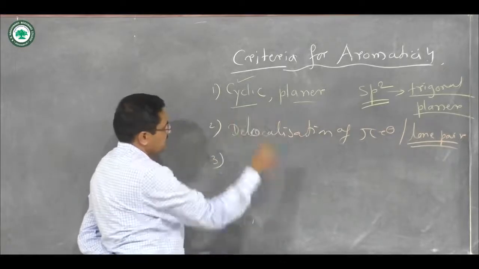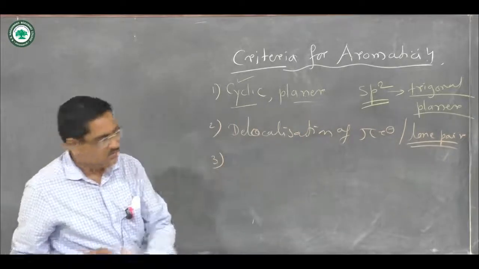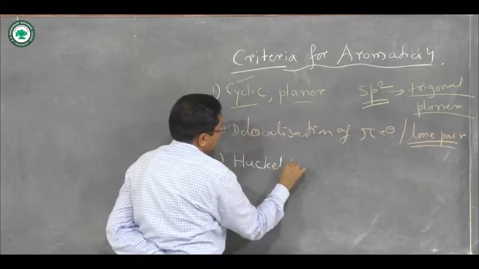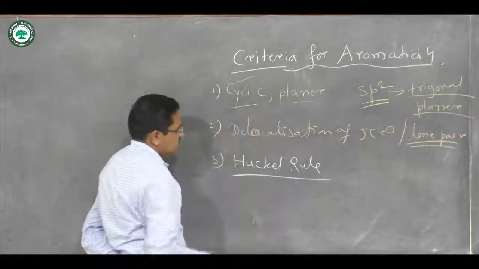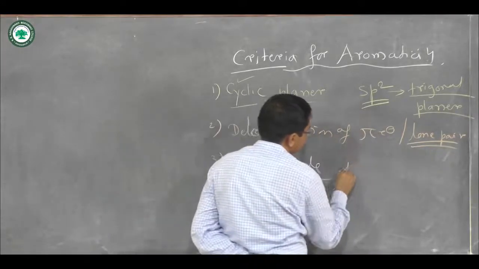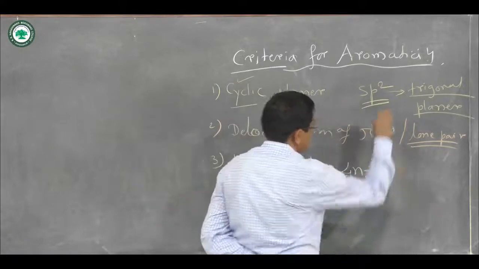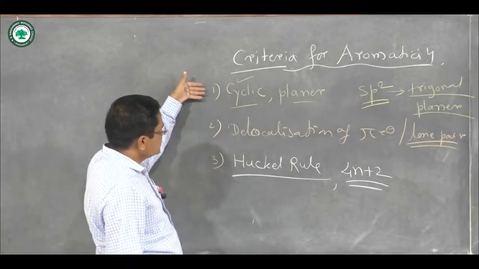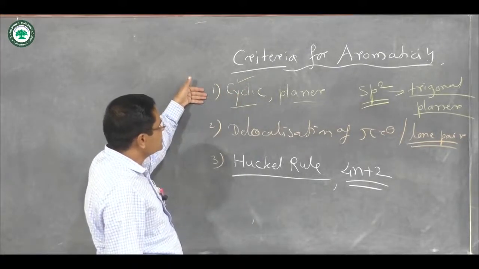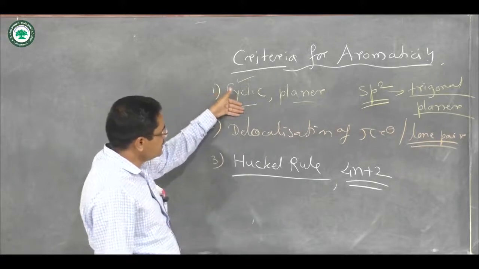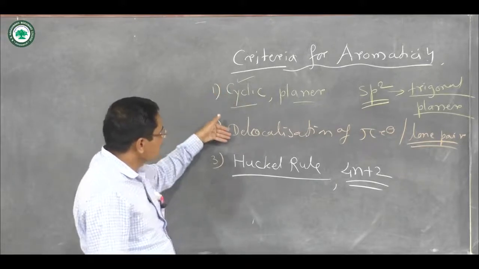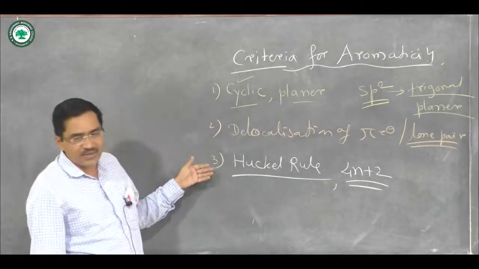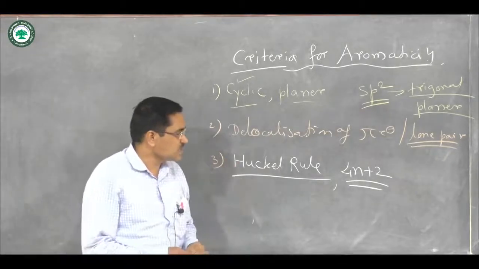And third one, this compound should follow the Huckel rule, that is 4n plus 2. This is the criteria for aromaticity. That is, this compound should be cyclic planar, there must be delocalization of pi electrons, and third, it must obey the Huckel rule, that is 4n plus 2.